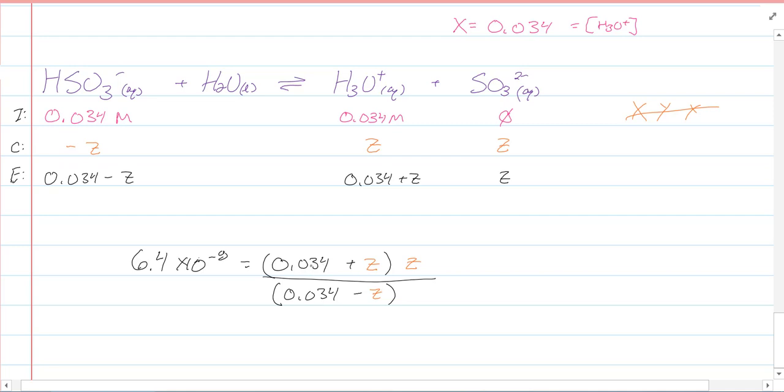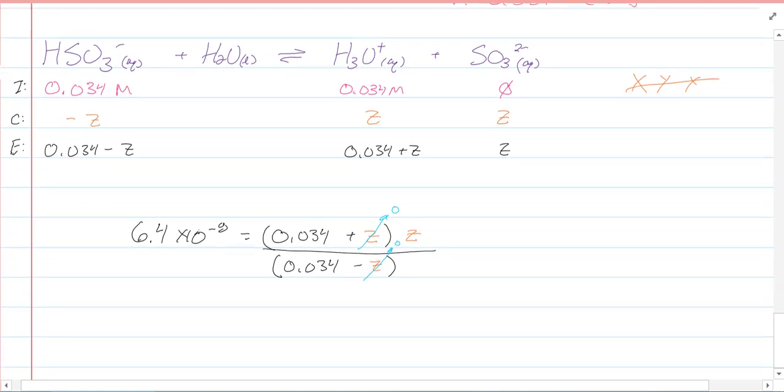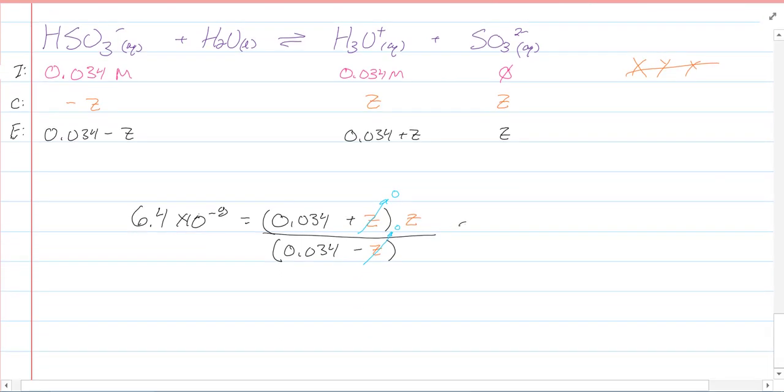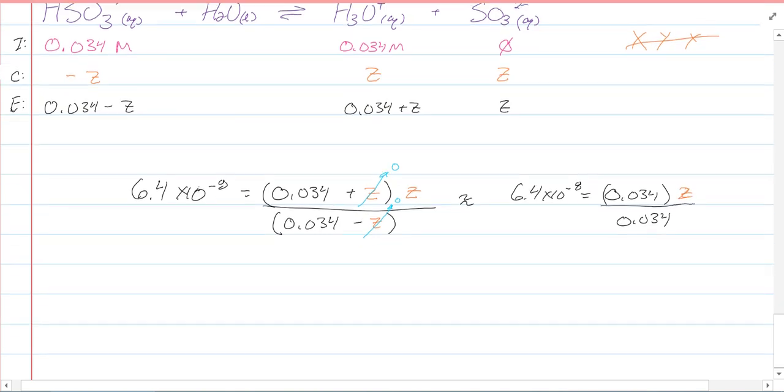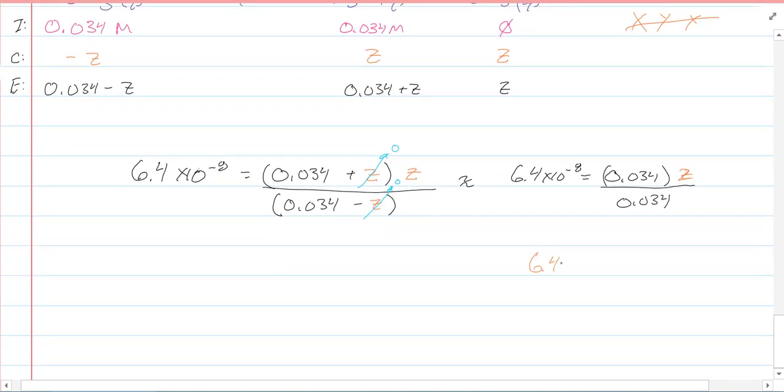Yes, I can approximate. What can I approximate? I can approximate that Z to 0 and that Z to 0. So approximating, this is very similar to 6.4 times 10 to the minus 8 equals 0.034 times Z over 0.034. Well, I can just cancel the 0.034. So 6.4 times 10 to the minus 8 equals Z.